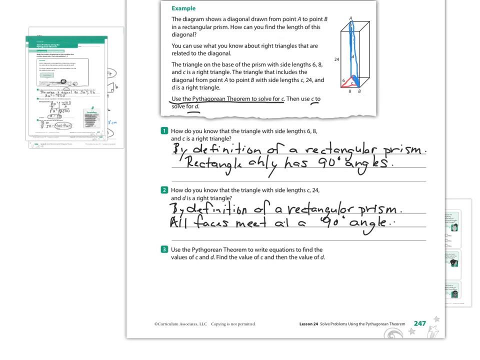And if all faces meet at a 90-degree angle, once again, we've created a triangle that has a 90-degree angle, which is a right triangle, which means we can use the Pythagorean theorem.